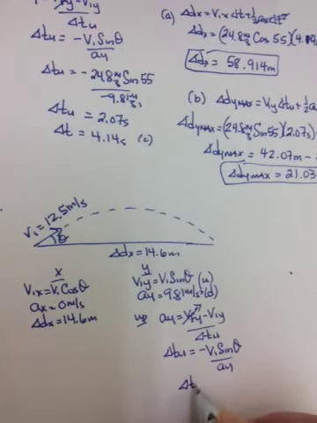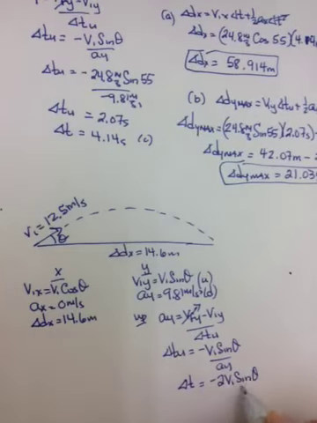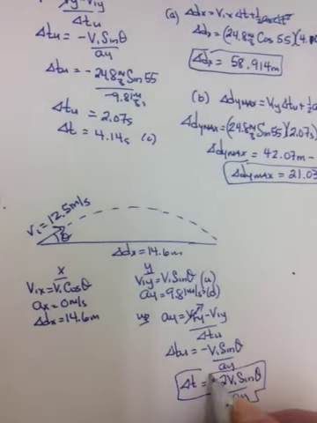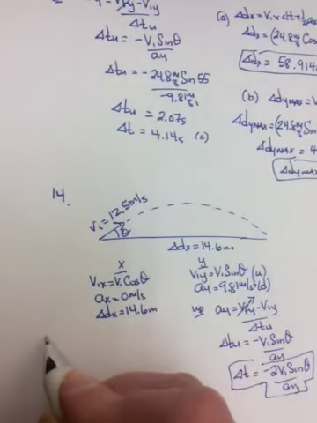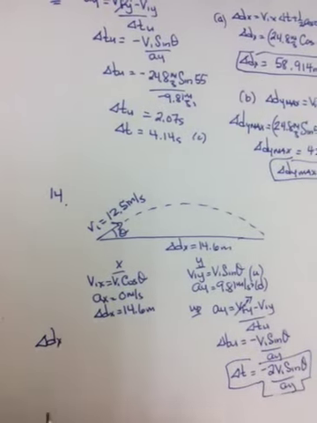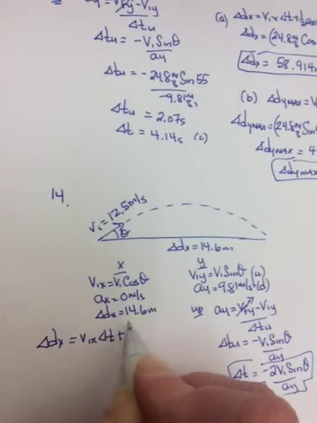So delta T then would be equal to 2 times that. But I can't actually find what this is because I don't have theta. So I have to go to the x direction to get a second equation, because here I have 2 unknowns, delta t and theta. So I go over here, hoping to get the same 2 unknowns.